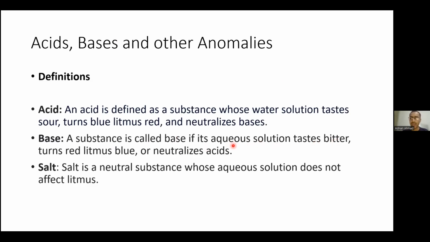What do we mean by aqueous solution? This is an important term here. An aqueous solution is any solution that contains water as a solvent. So if its aqueous solution tastes bitter, turns a red litmus paper blue, and neutralizes acids, we call that a base. This is a general definition of base.